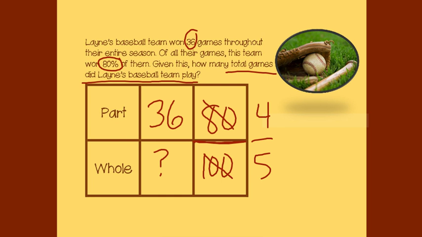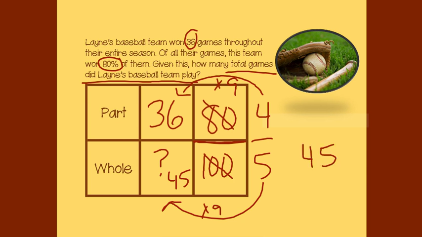Now we have a simplified fraction here, and I noticed that 4 times 9 would be 36. 5 times 9 would be 45. They played 45 total games.